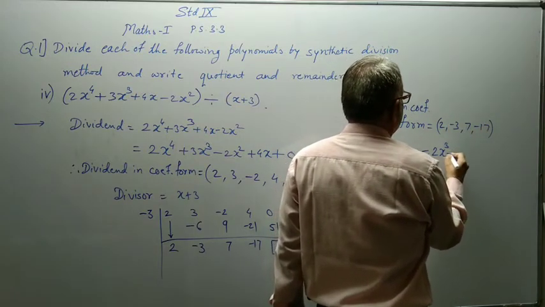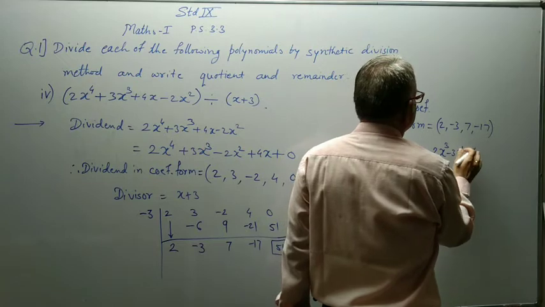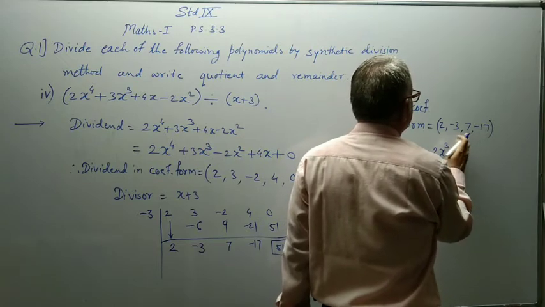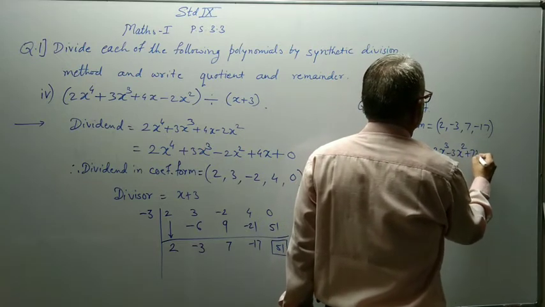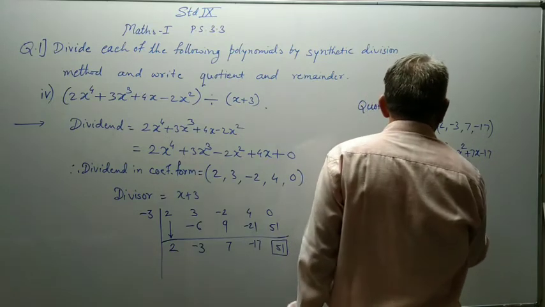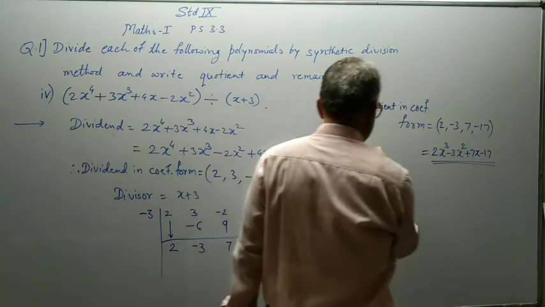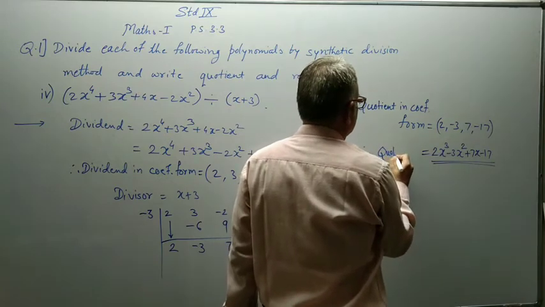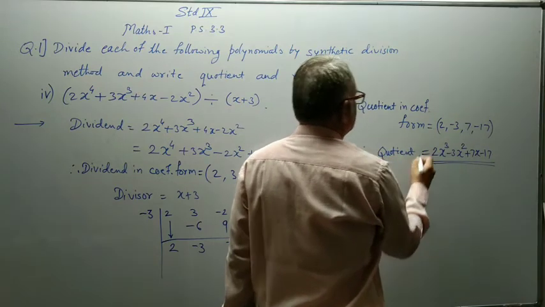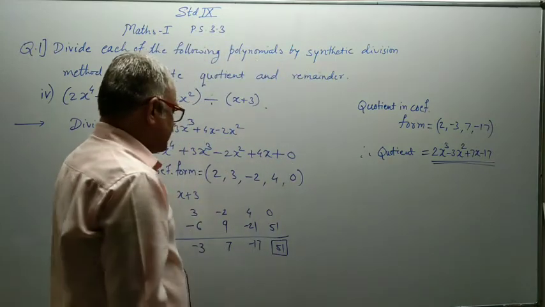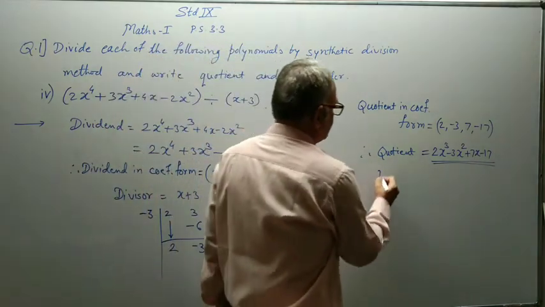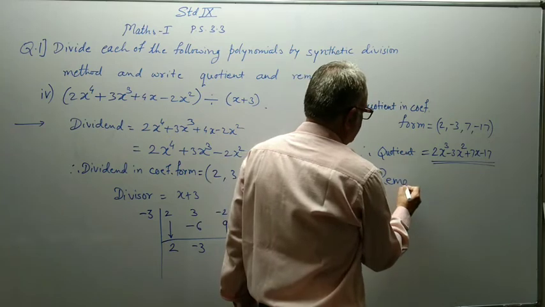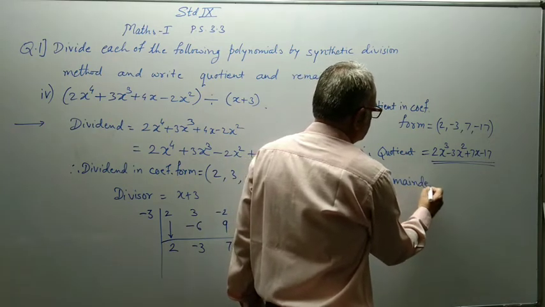So 2x cube minus 3x square plus 7x minus 17. This is the quotient. This was in coefficient form, and this is in index form, meaning the usual form. Therefore, the quotient is 2x cube minus 3x square plus 7x minus 17, and the remainder is 51.